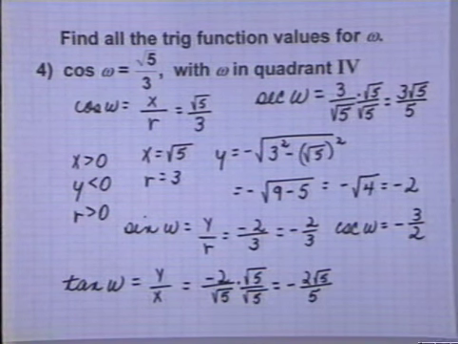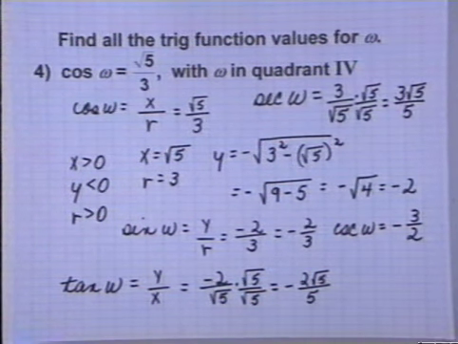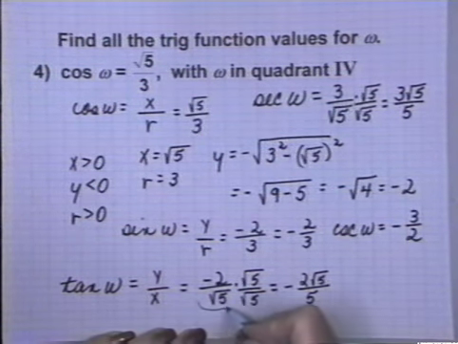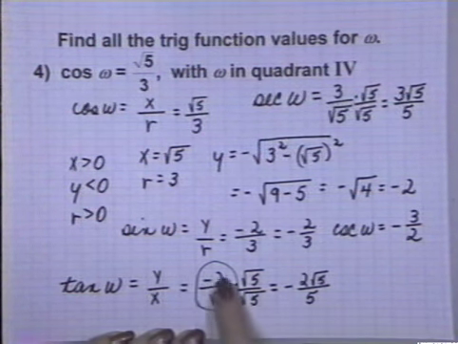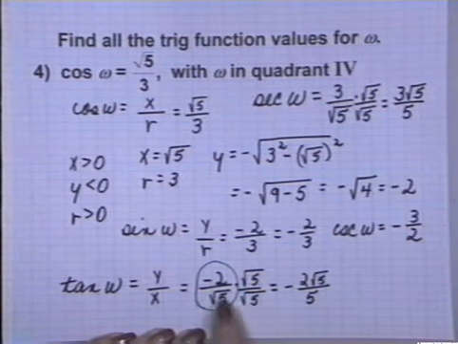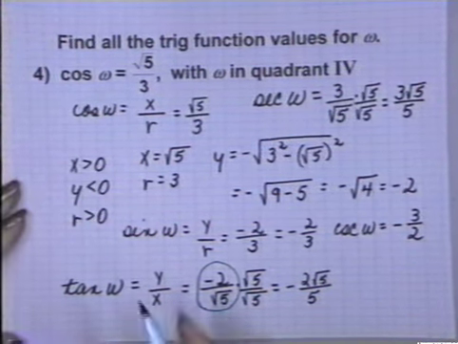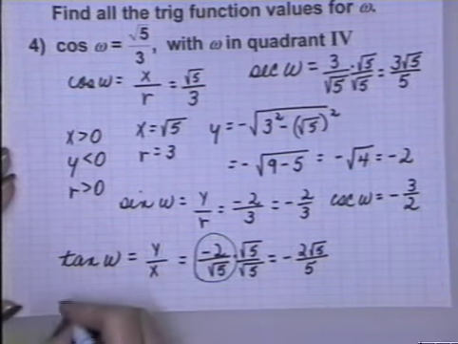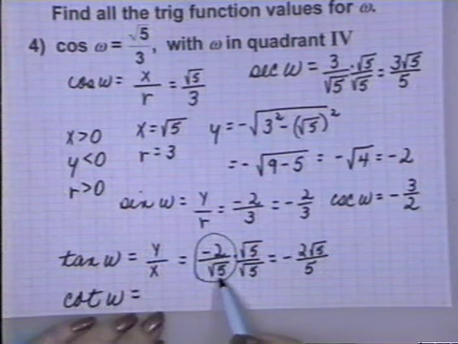That's fine, but I'm going to end up with this radical in the denominator, and I'll have to rationalize. Notice that originally what I had here was that the tangent of omega equals negative 2 divided by the square root of 5. I just did this because I had to rationalize it. Well, when I get ready to find the cotangent, it would be easier to use the reciprocal of this.